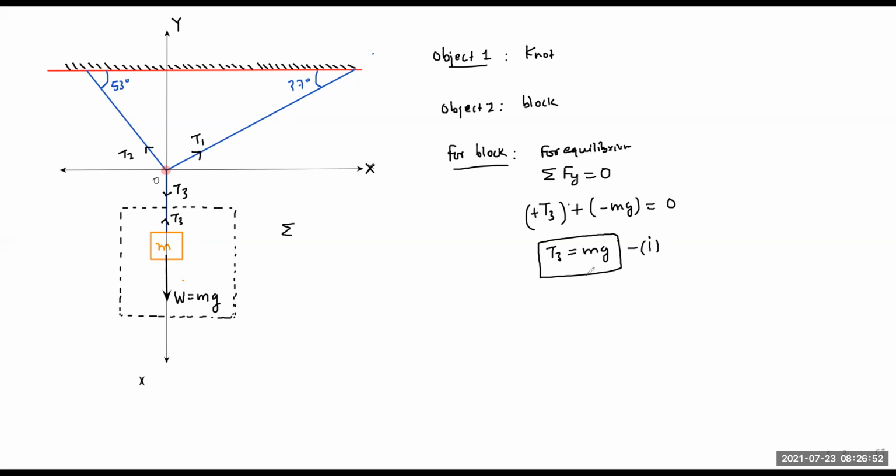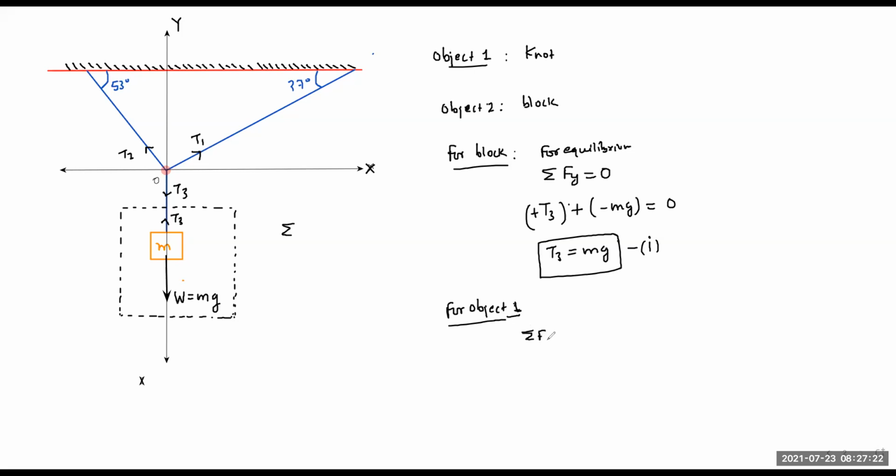Now we have one more object to consider, because that will bring T1 and T2 into the equation. So for object 1, which by default we take as the knot, for equilibrium, what are the conditions we must write? Should we write only Fy equals 0 or Fx equals 0, or both? Both, correct.